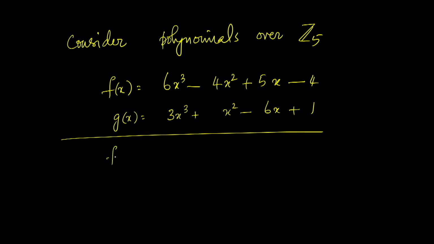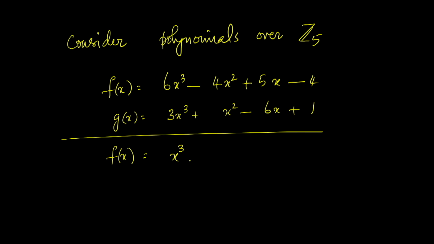These can be simplified in this fashion. F of x: the first term is 6x cubed, but since 5x cubed is divisible by 5 for any integer x, this can be written as x cubed.